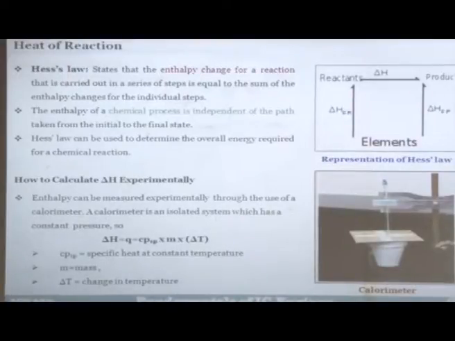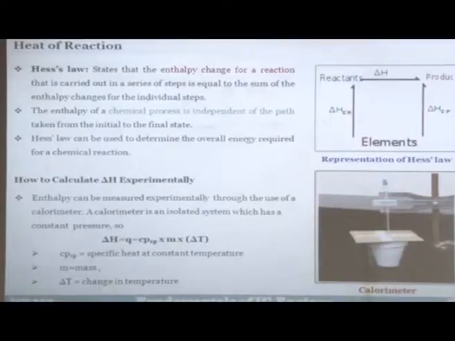Then this propane reacts with oxygen and gives you carbon dioxide plus water plus heat. So, it is releasing some amount of heat, and that is called delta H, the enthalpy of reaction. Then you are forming products, which are carbon dioxide plus water.